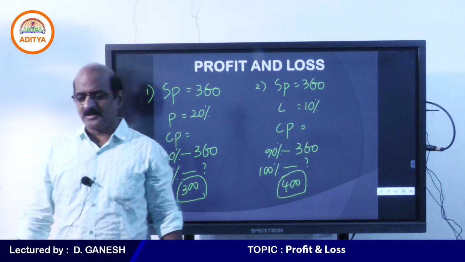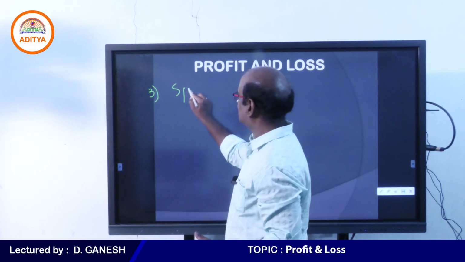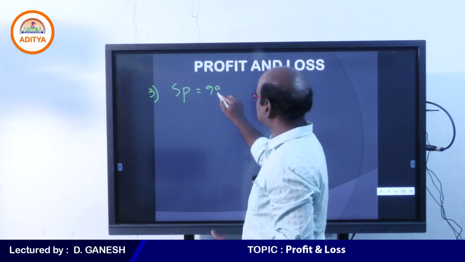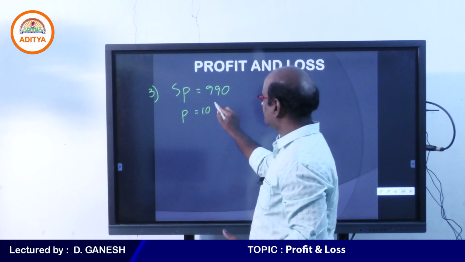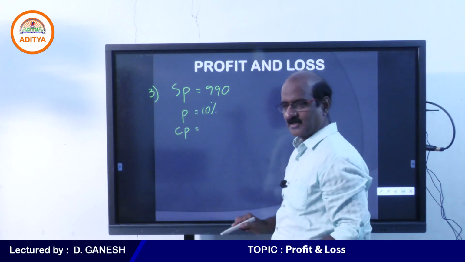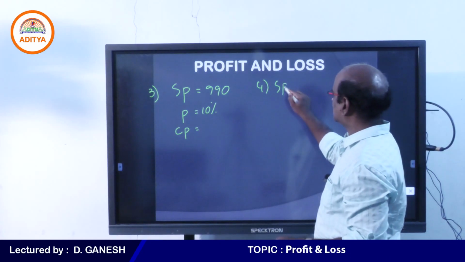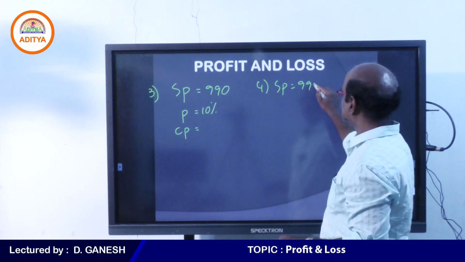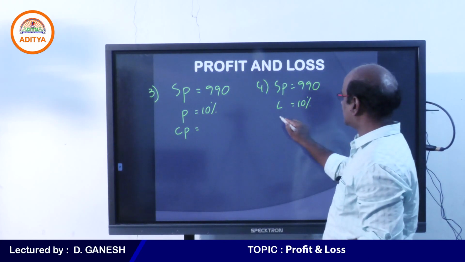I hope that is clear to you. Look at this. By selling an article for 990 rupees, a trader gets a profit of 10%. Find the cost price. Next, by selling an article for 990 rupees, a trader loses 10%. Find the cost price.